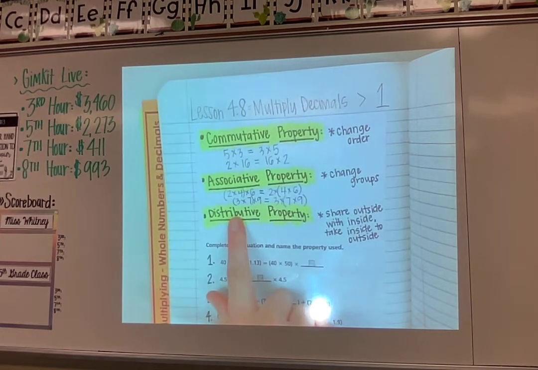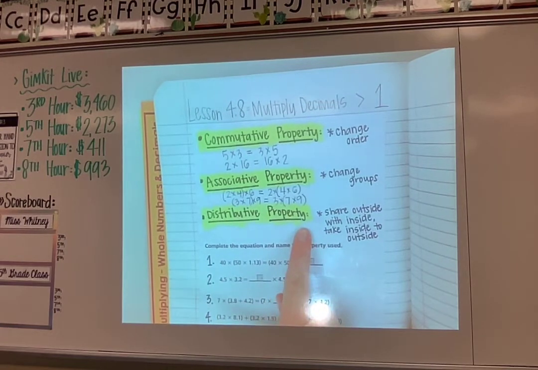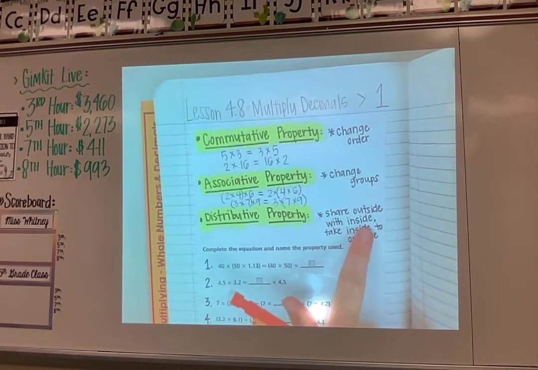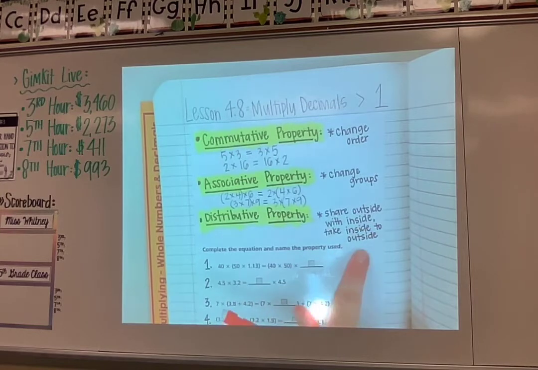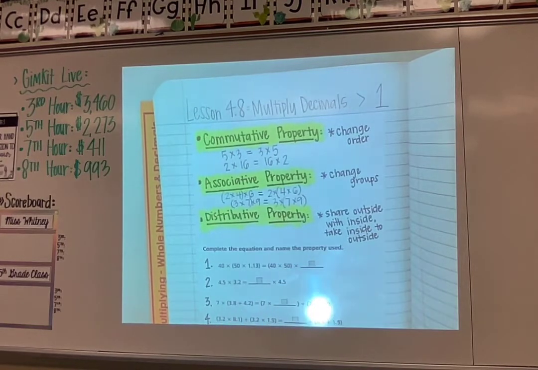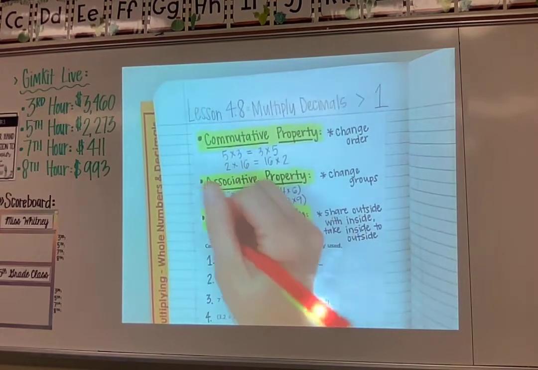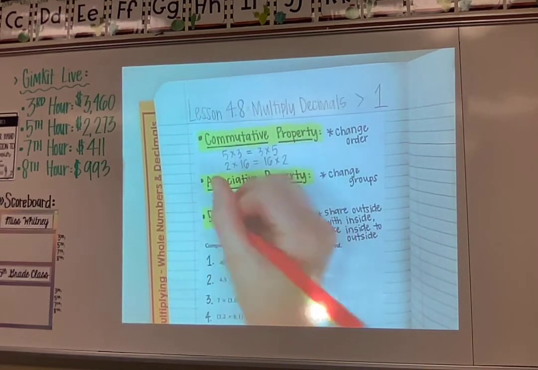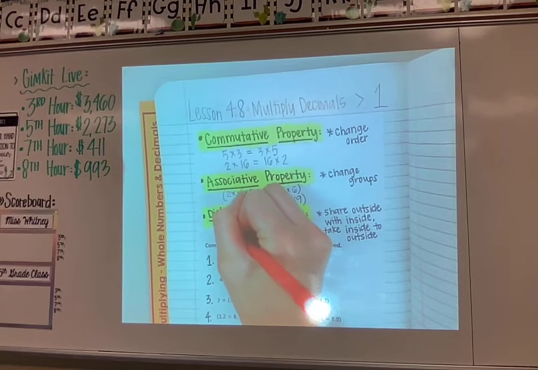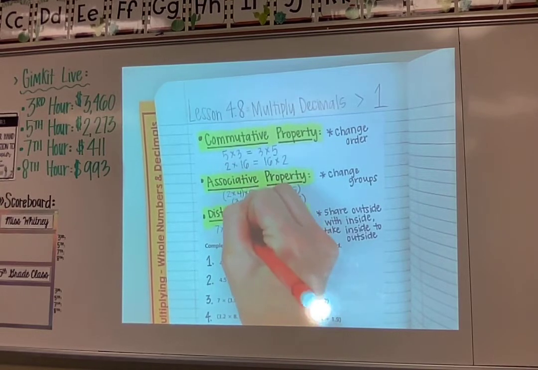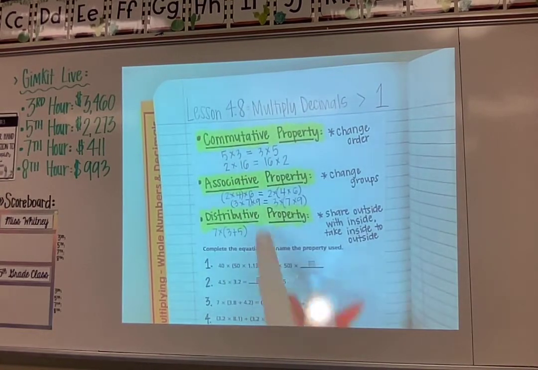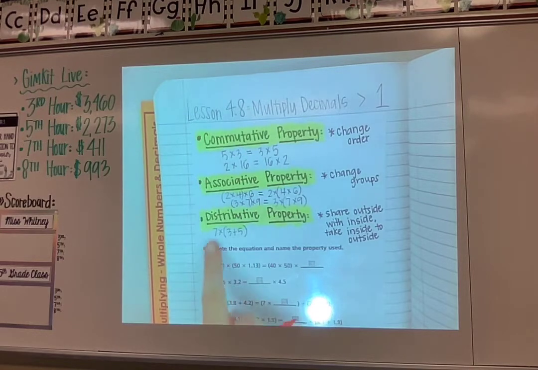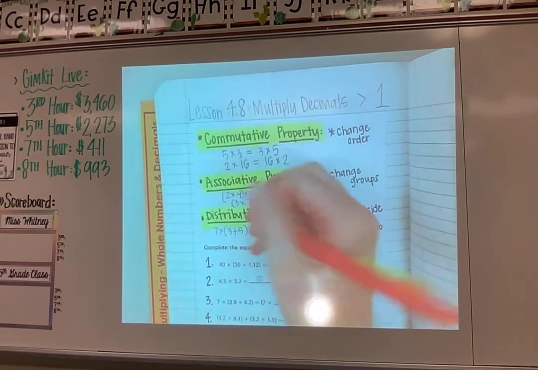It is called the distributive property, and my little hint says I can share the outside with the inside or take the inside to the outside. Now that sounds confusing, so let's look at what that means. Let's say I had 7 times 3 plus 5. The distributive property tells me that I can share the outside with the insides.